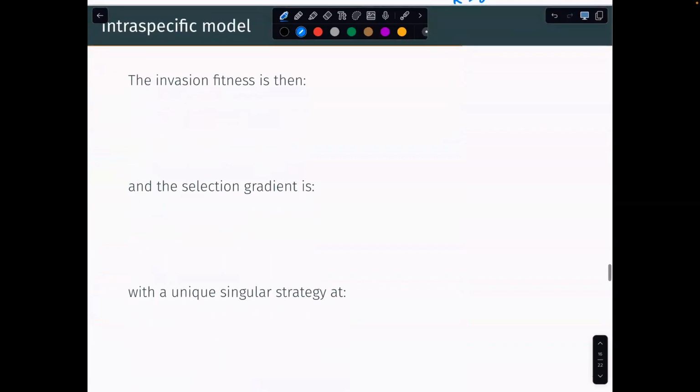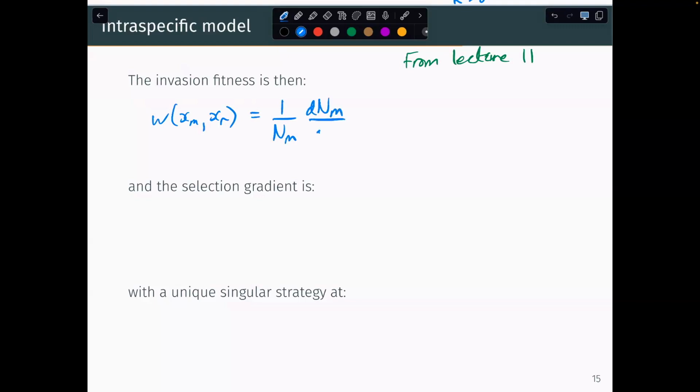I'm not going to run through all of the analysis from scratch because, up to a point, this is what we've done before. This is all from lecture 11. If you recall, we showed our invasion fitness W of xm, xr is the per capita growth rate of our mutant population when rare.